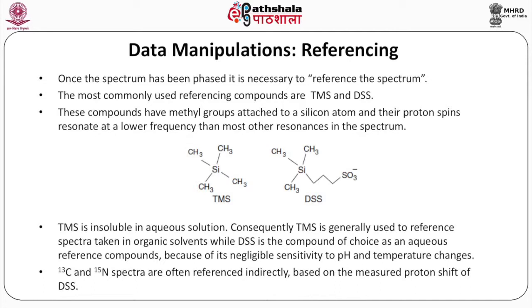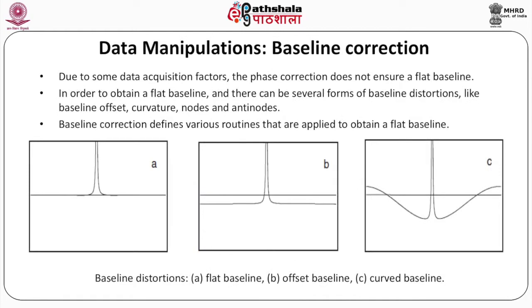Consequently, TMS is generally used to reference spectra taken in organic solvents, while DSS is the compound of choice as an aqueous reference compound because of its negligible sensitivity to pH and temperature changes. C13 and N15 spectra are often referenced indirectly based on the measured proton shift of DSS.